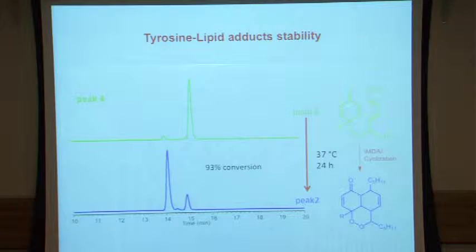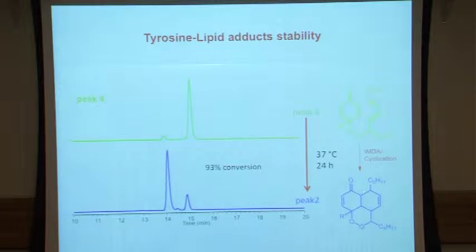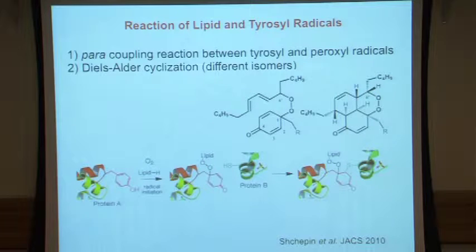And once you form the lipid tyrosyl adducts, we have seen that these adducts with time cyclize and form a tricyclic structure. And this tricyclic structure can then evolve to secondary products. I'm not going to get into any detail, but there is a lot of rich chemistry in this. And what we think is that these reactions can also facilitate protein cross-linking.